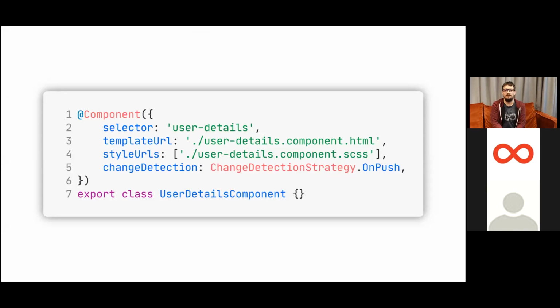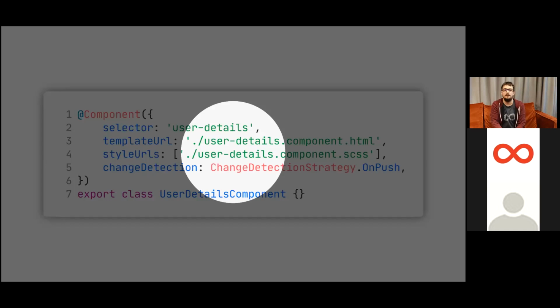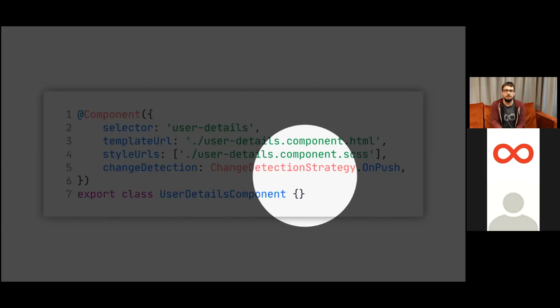So you have a class for your component and you decorate it with the @Component decorator. And here you say what the selector will be for this component, what the template will be, which contains the HTML template, what the styles are, so CSS for this component, and some additional things like what type of change detection your component will be using.